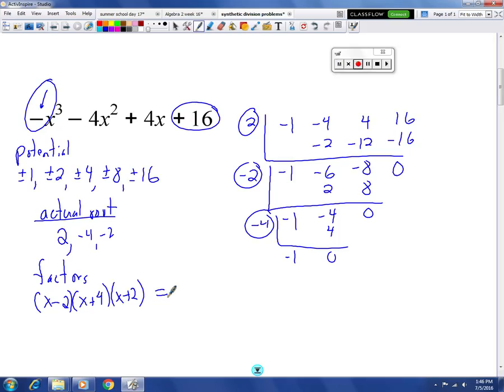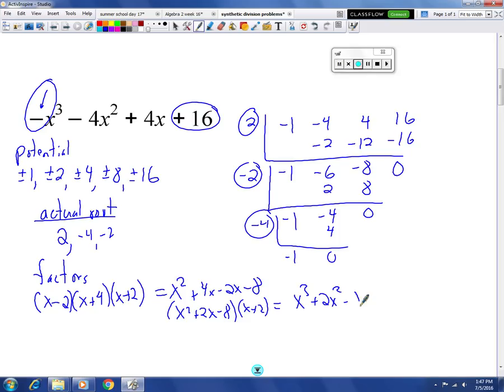let's go ahead and multiply them. Let's multiply x minus 2 times x plus 4. That would be x squared plus 4x minus 2x minus 8, which becomes x squared plus 2x minus 8. And multiply that by the x plus 2 at the end. We would have x to the third minus 8x, plus 2x squared.